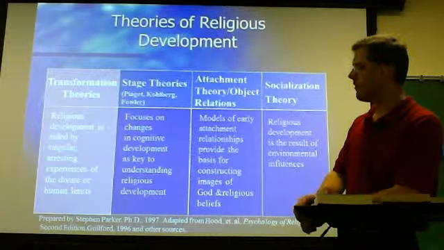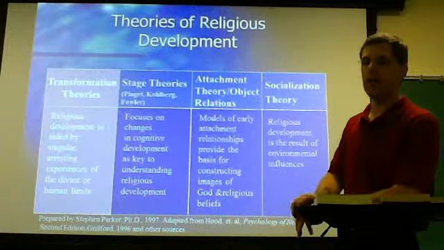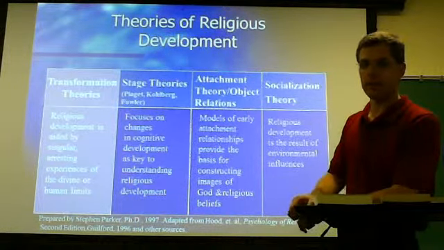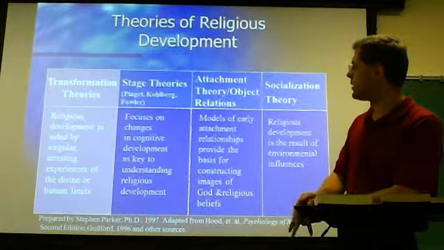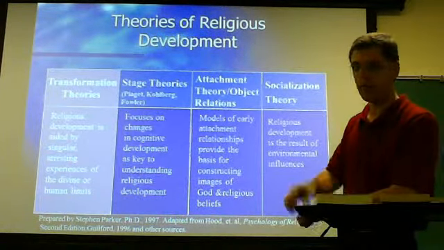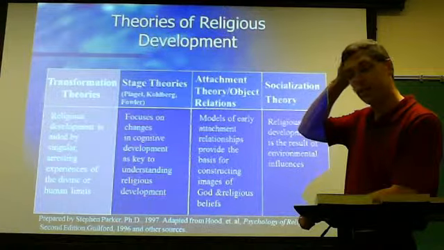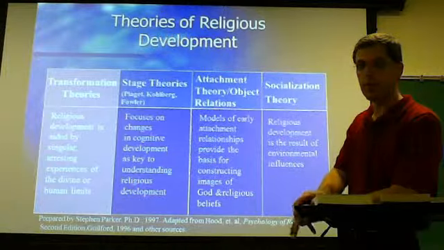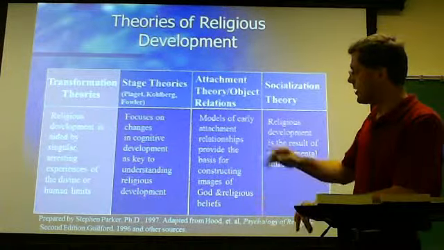Stage theories, though, follow Piaget's model of a stepwise understanding of God. And what we're going to be focusing in on is, in particular, Fowler's theory of religious development. We'll get into that in later lectures, but just know that this is a stage model.